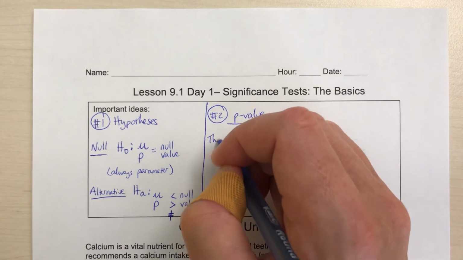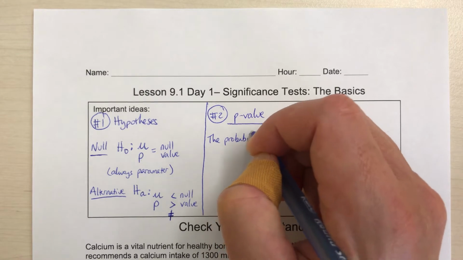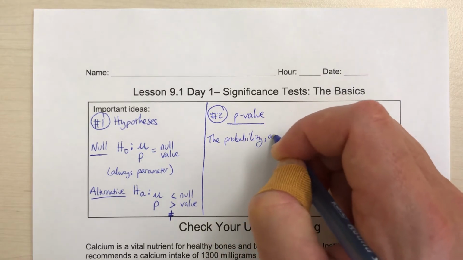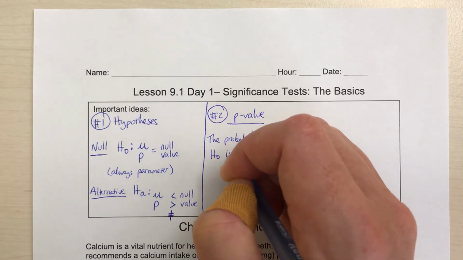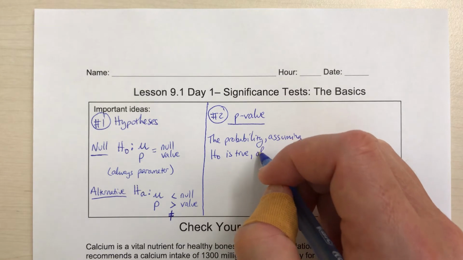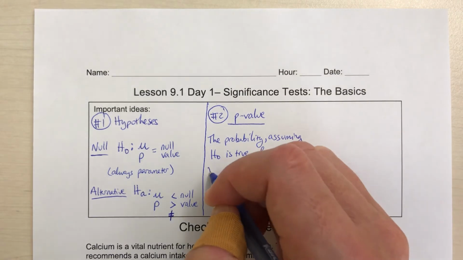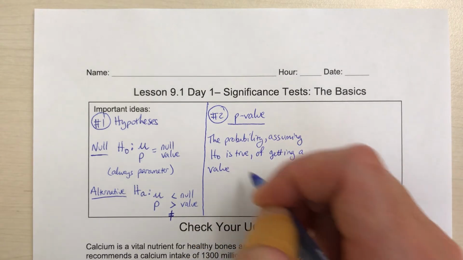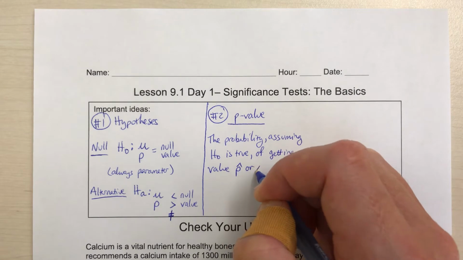And again, this is the probability, assuming that the null is true, of getting a value. Now this would be our sample proportion or sample mean.